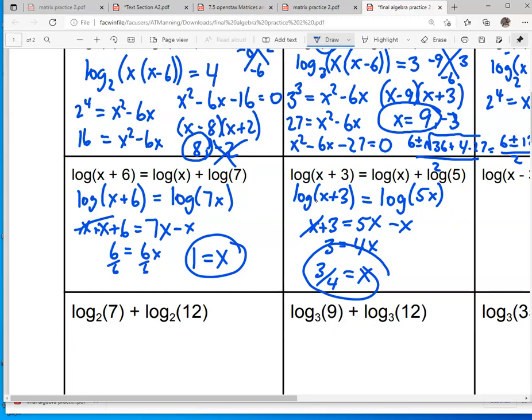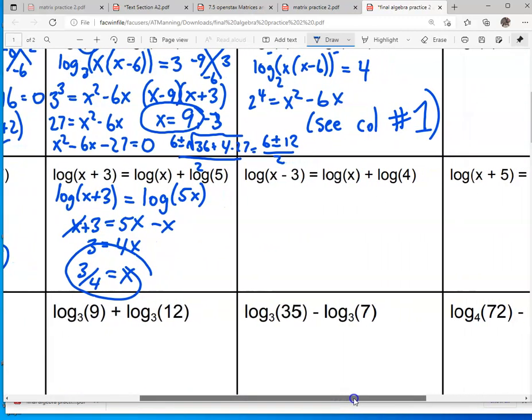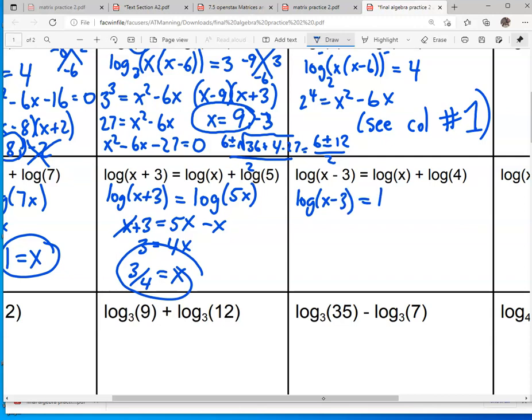And you'll be given a couple problems of each type on the final. And now doing it the third time, let's make sure we're not doing the same problem as before. No. But again, I can see log x minus 3 equals log 4x.